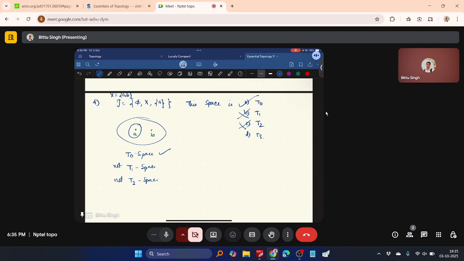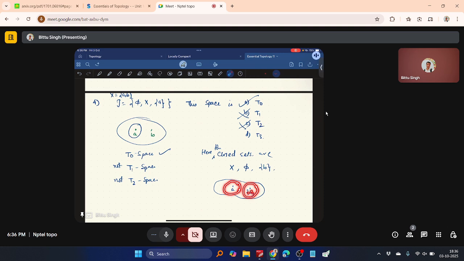So what are the closed sets in this topology? Here the closed sets are complement of empty is X, complement of X is empty, complement of A is B. So now if we consider A as a singleton point, B as a closed set, then we don't have two open sets which separate this point from the closed set B, right?